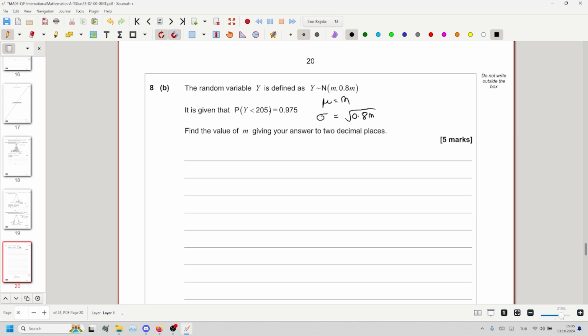So again, this is an inverse norm question. So here we need to find the z value of 0.975. On the basic normal distribution, we need to find what value this area of 0.975 would lie at. That's simply the inverse norm of 0.975.